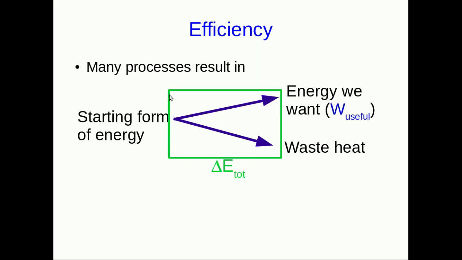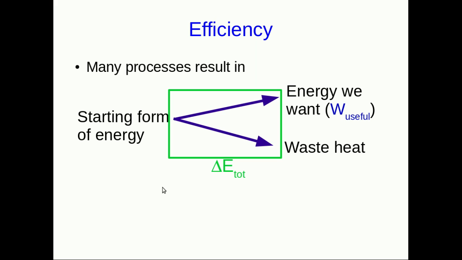And the process occurs and results in a consumption of that energy, some total energy transformation, and some of it winds up as energy in the form you want, or work done, that is the work you wanted to get done, and some of it winds up as waste heat.